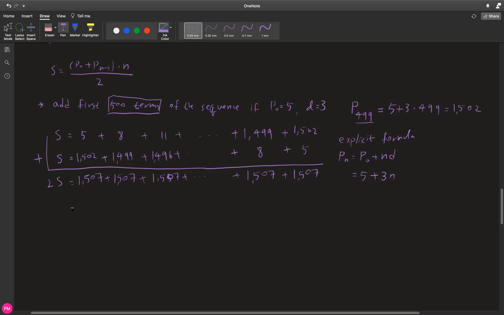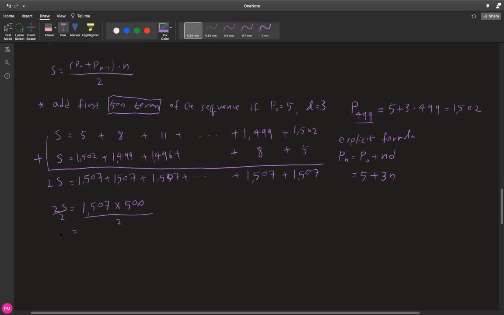So we know that there are 500 of this 1507. So the right-hand side, you can simply rewrite as 1507 multiplied by 500. And this is the 2s. Let's calculate the right-hand side first. And actually, let's divide both sides by 2. Maybe that'll make the process a little easier.